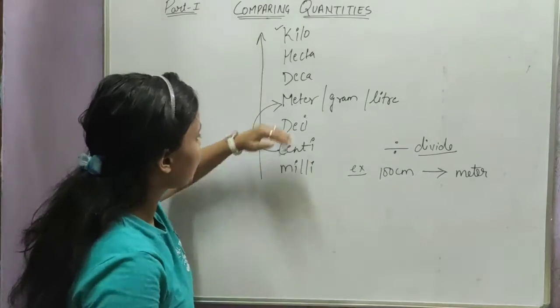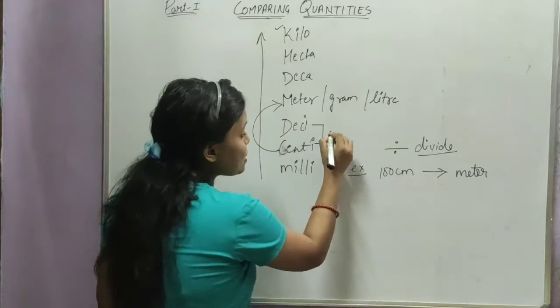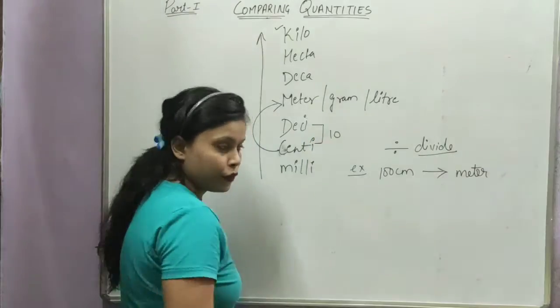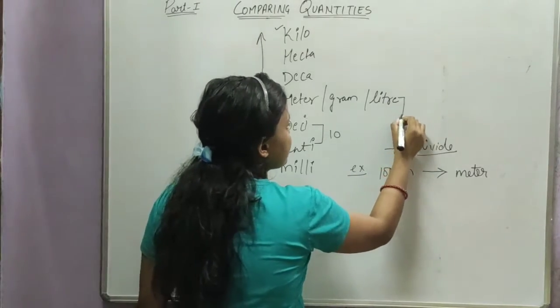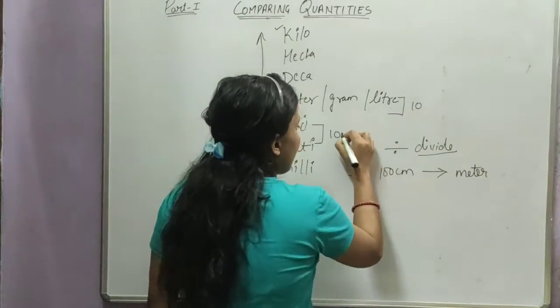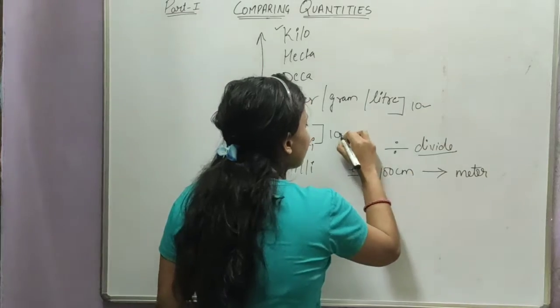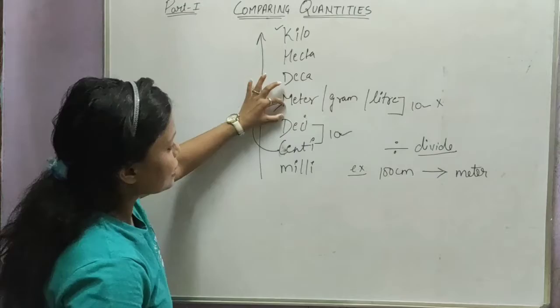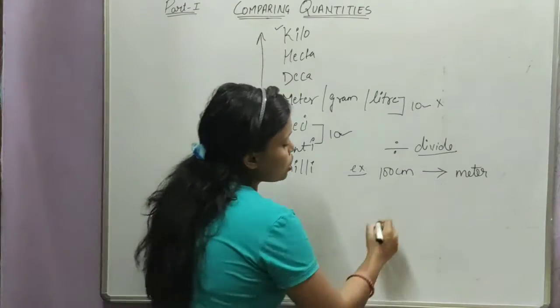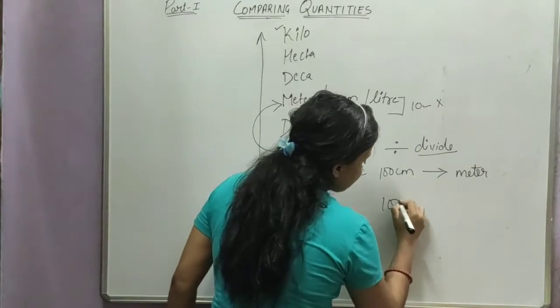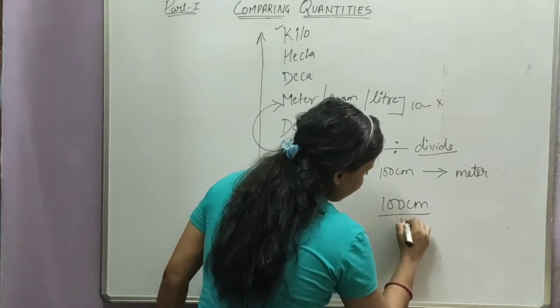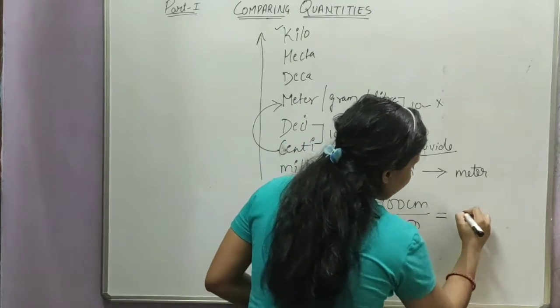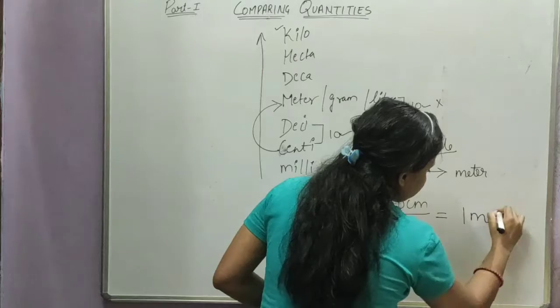This one step contains 10 units and this step also contains 10 units, and these two tens get multiplied. That means 10 multiply 10, 100. So I have to divide 100 centimeter by 100. What will it give? 1 meter.